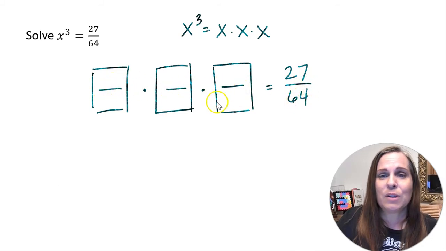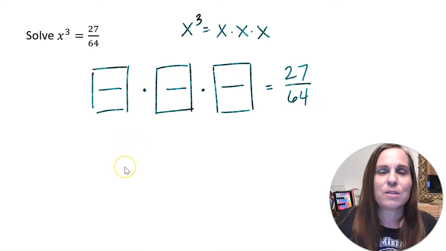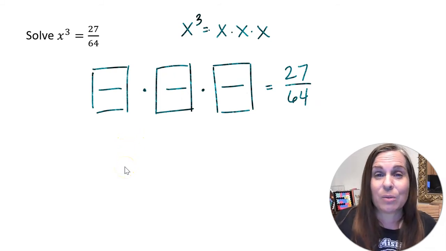You can't solve this using subtraction or division or even multiplication. You just have to try to think about what number times itself equals 27. So start with the small numbers.